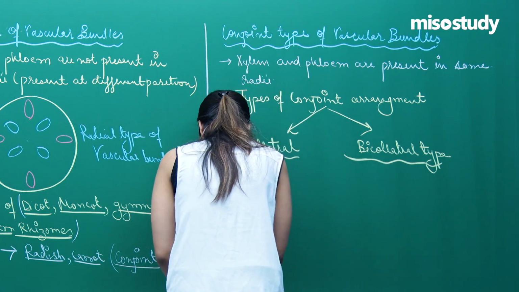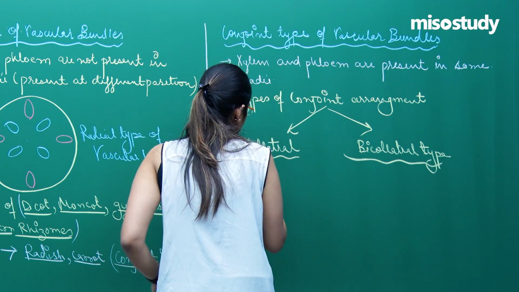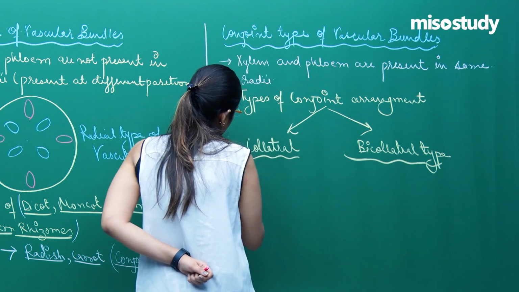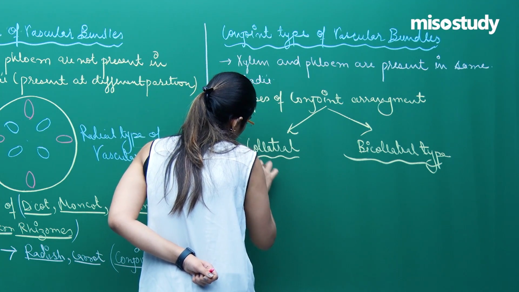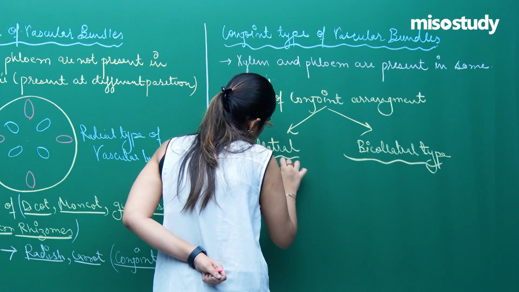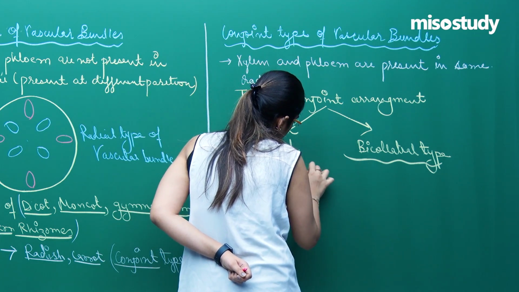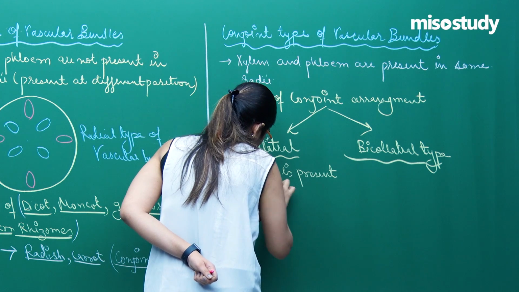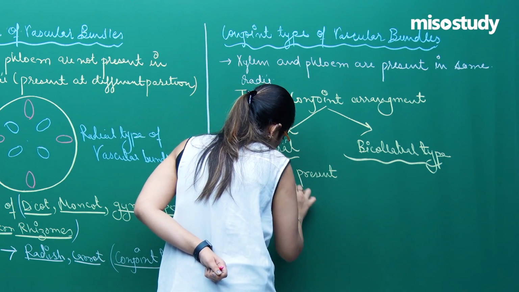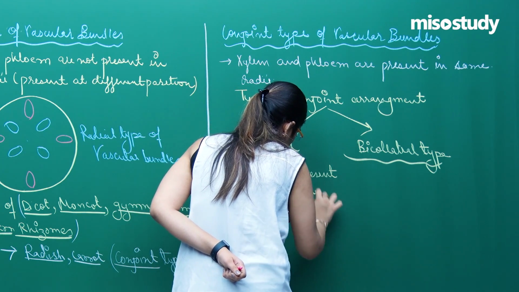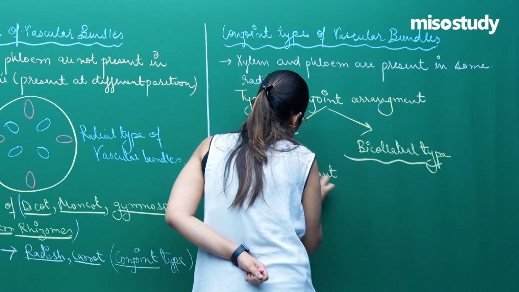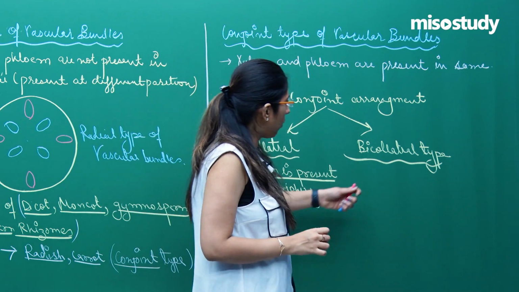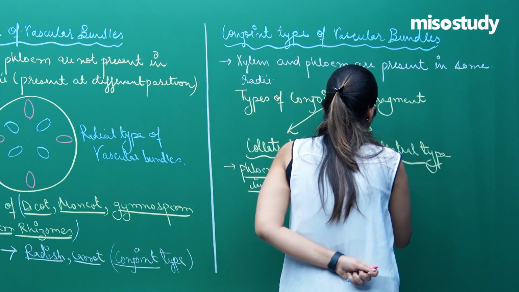In the collateral type, the phloem is present in the periphery. In this also, the phloem is present in the periphery.